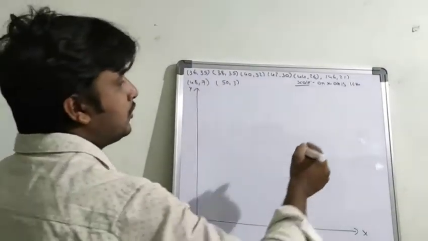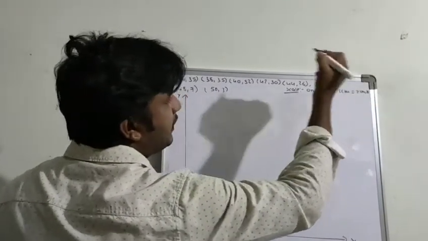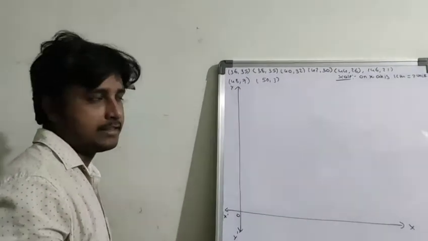The class height is 2, so 1 centimeter equals 2 units. Actually, in the majority of cases, the class height acts as the scale on the x-axis.